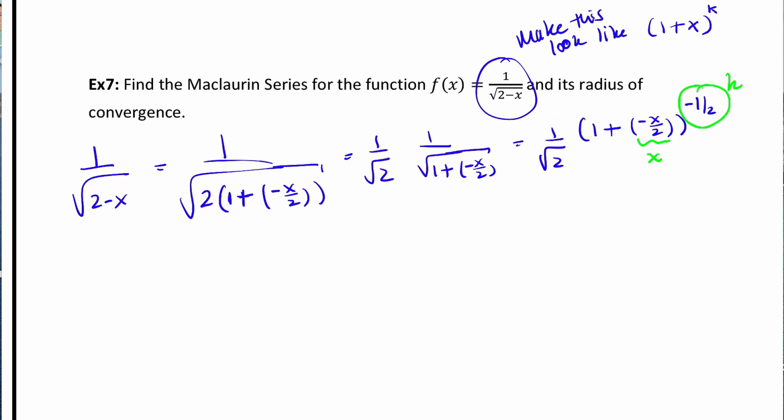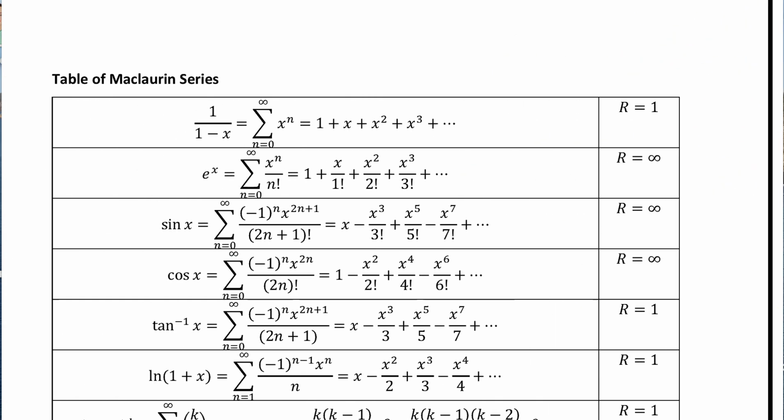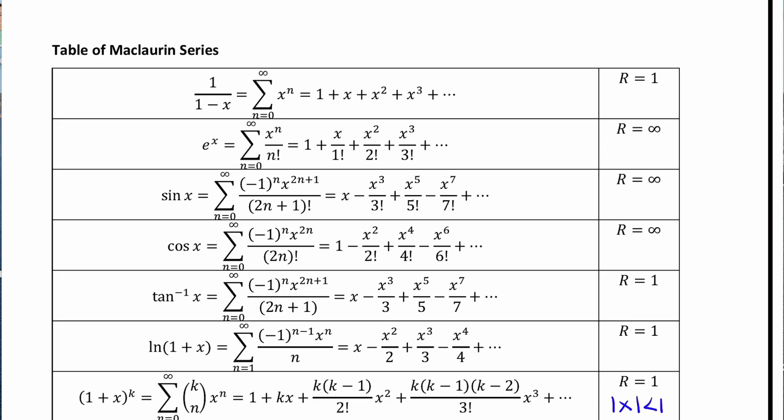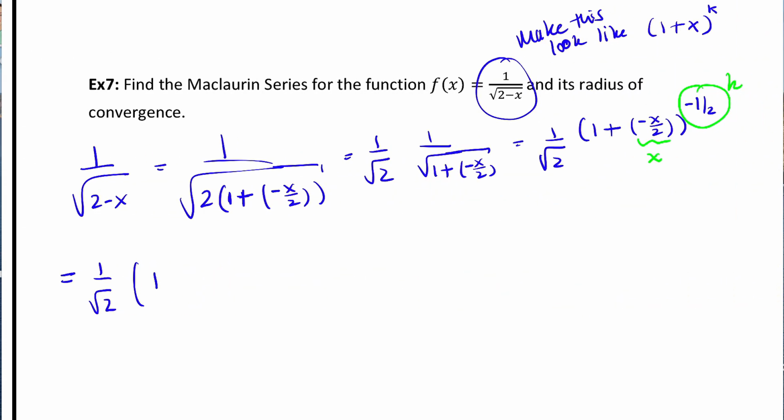Well, I get that this is equal to, well, I'm going to take the 1 over root of 2 out, and then I get 1, right? The first term is 1 plus k times x, so 1, and then plus k, which is negative 1/2, times the x there, which here is negative x over 2, okay? And then I have to simplify this thing.